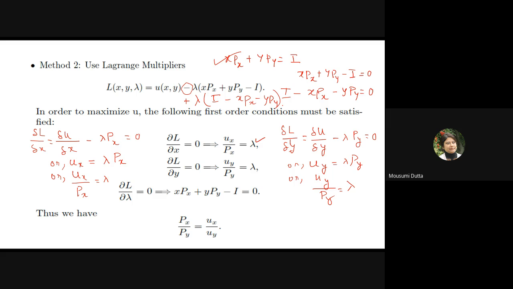In case of Lagrangian multipliers, we also consider the derivative of L with respect to lambda, which is giving back the budget constraint. xpx plus ypy minus I is equal to 0. If I take the derivative of L with respect to lambda, we are getting back the budget constraint given by xpx plus ypy minus I is equal to 0.